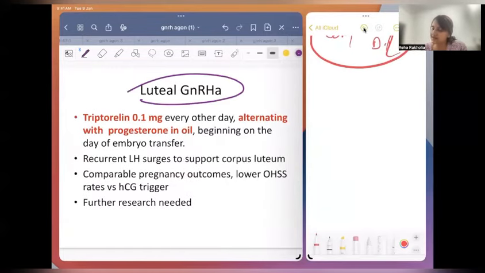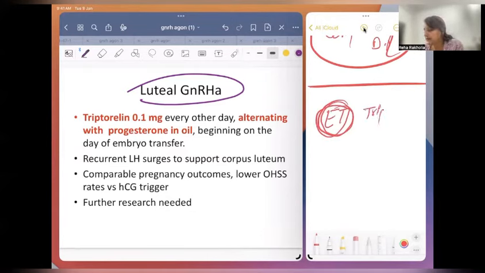Now, luteal GnRH agonist, we will give GnRH agonist in the luteal phase. How much will we give? We will begin on the day of embryo transfer, and we will give triptorelin, which is a GnRH agonist, 0.1 mg on alternate days.